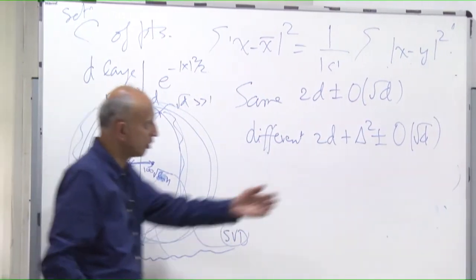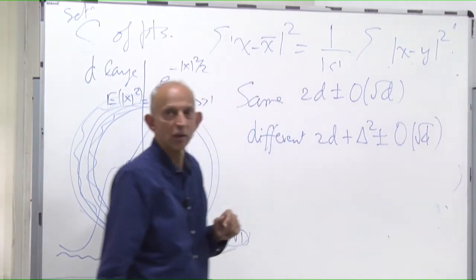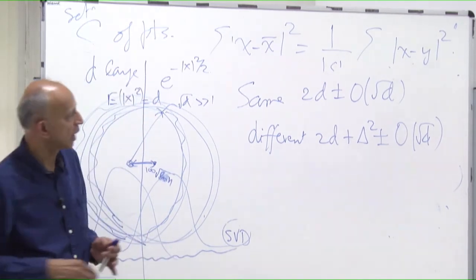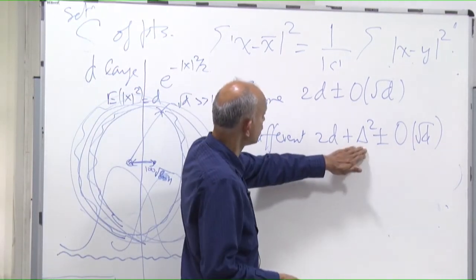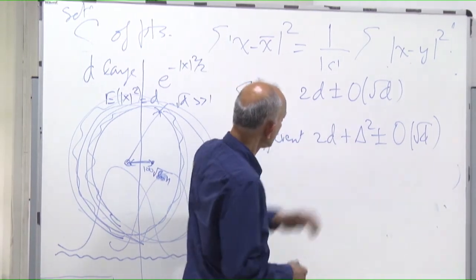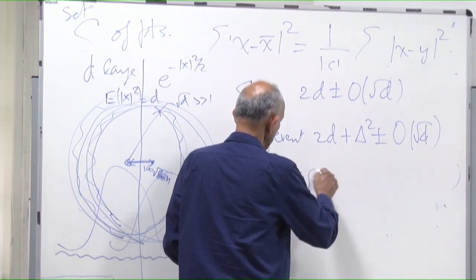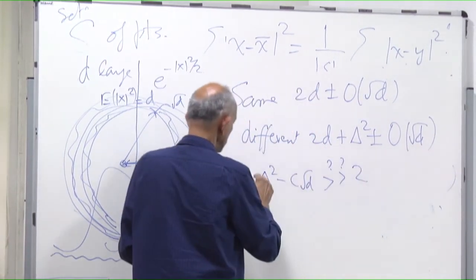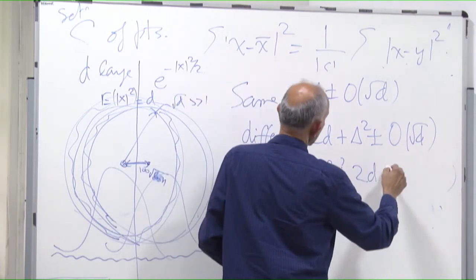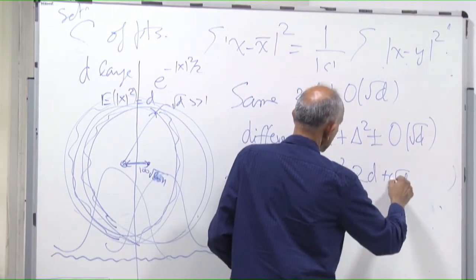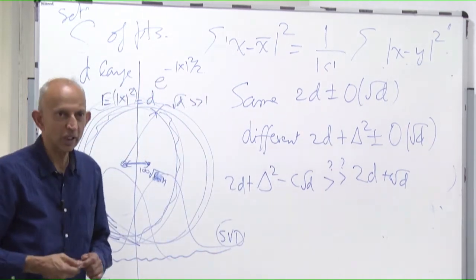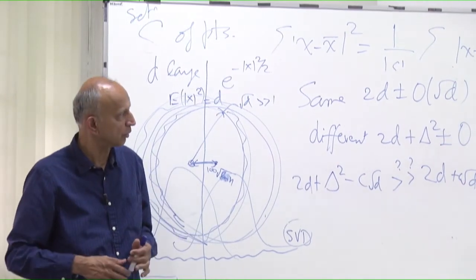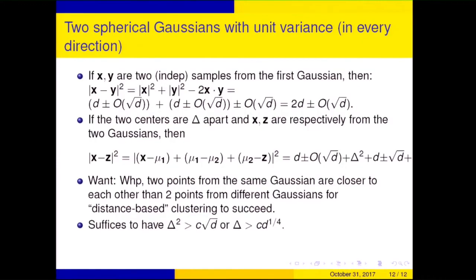So distance-based clustering works if two points from the same Gaussian are closer to each other than two points from different Gaussians, and that requires this be always greater than that. The worst case of this is delta squared minus c root d, and that must be greater than the best case of this, 2d plus root d. Sorry, there's a 2d here. So then you need delta squared greater than root d, or delta greater than d to the 1/4. So once the separation goes below d to the 1/4, you cannot tell distance-wise.